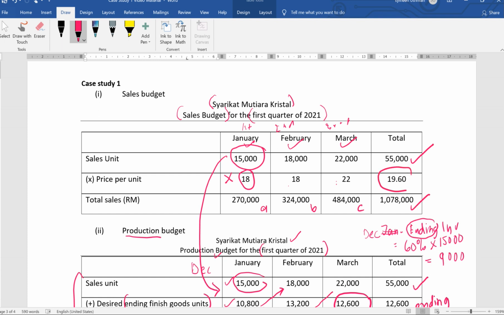But for price per unit, you put the price per unit. In this question, we have two different prices, 18 and 22. So your price in the total column will differ. But if everything is RM18, then here will be RM18 as well. So where did I get 19 ringgit 60 cents?